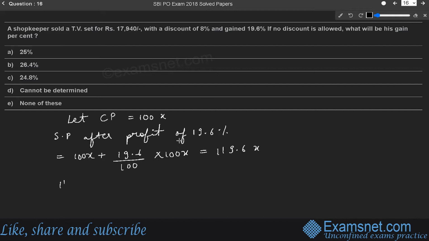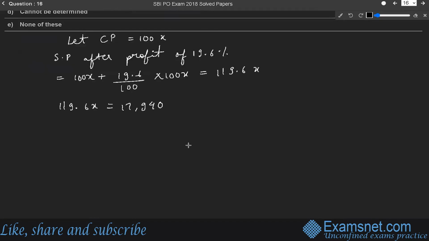According to the question, 119.6x is equal to 17,940. So here the value of x will be equal to 17,940 divided by 119.6, which will be equal to 150.